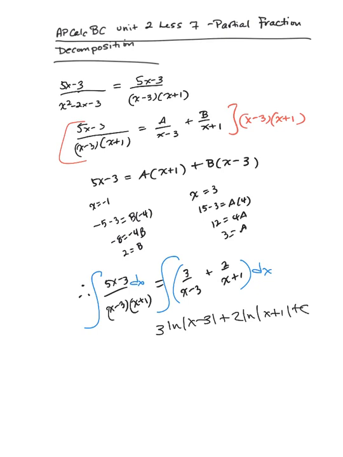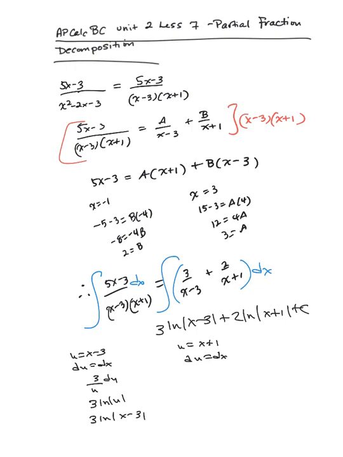Okay, let me show you the ln part. The ln part comes from u-sub. u equals x - 3, du equals dx. So for the 3/u du part, I get 3 ln|u|, which is 3 ln|x - 3|. Then for the x + 1 part, I have u equals x + 1, du is dx.